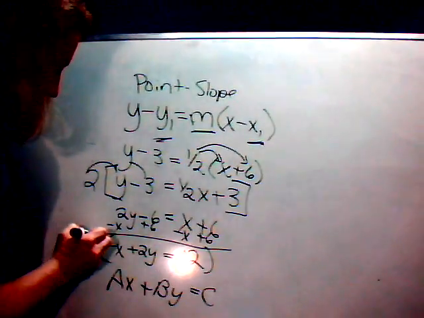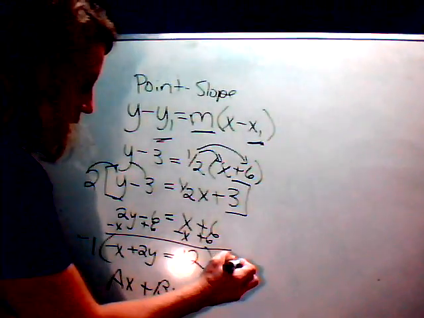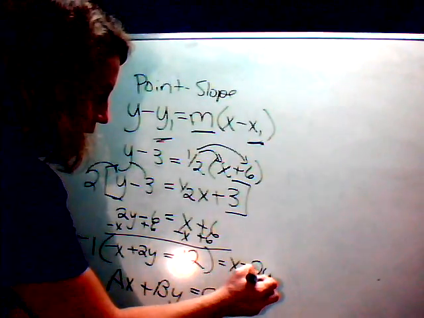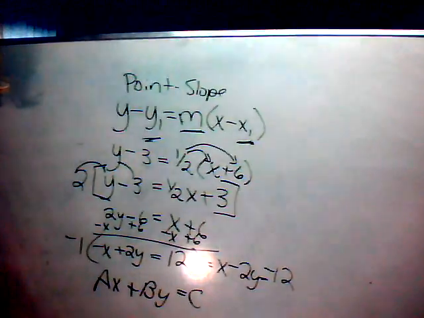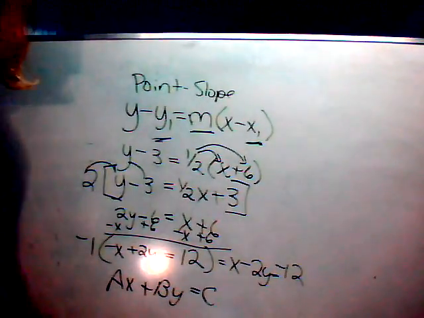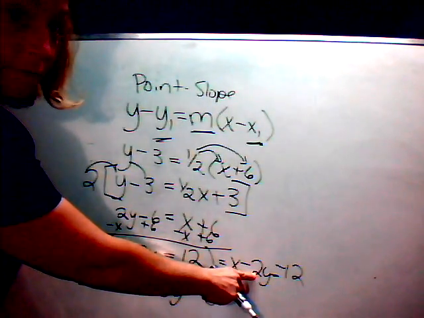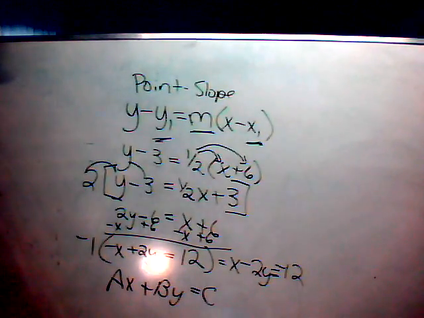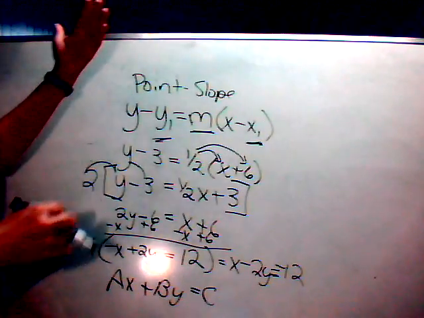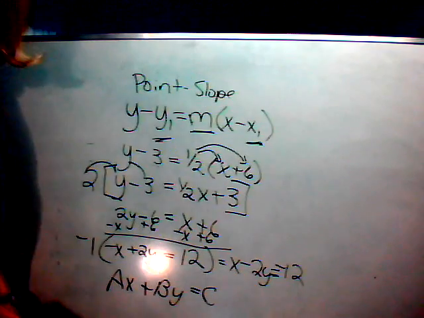If I change the sign of every term, I get positive x minus 2y equals negative 12. If I have to define my a, b, and c at this point, my a is positive 1, my b is negative 2, and my c is negative 12. And voila! I have changed it from point-slope form to standard form.